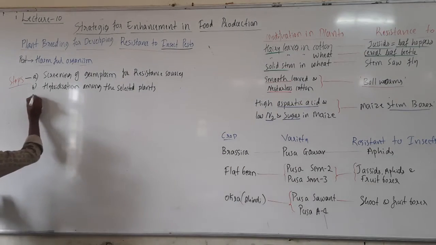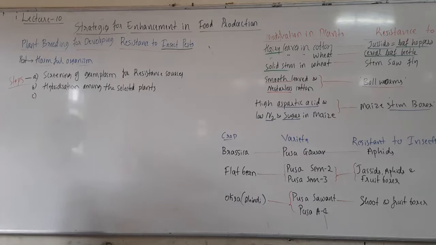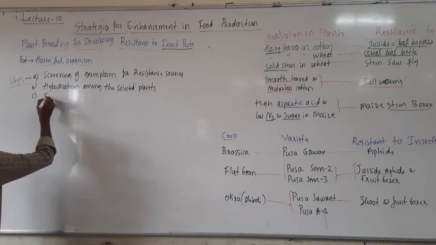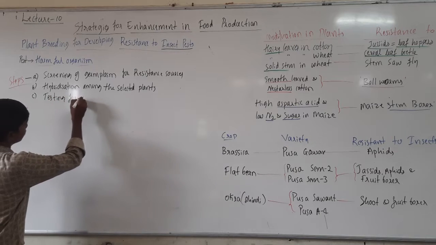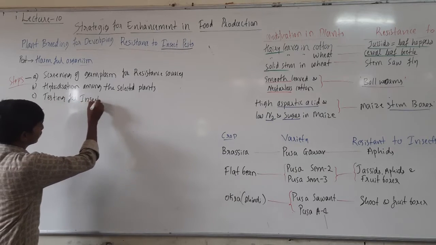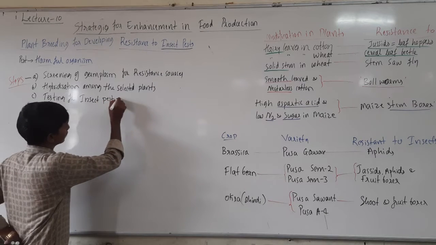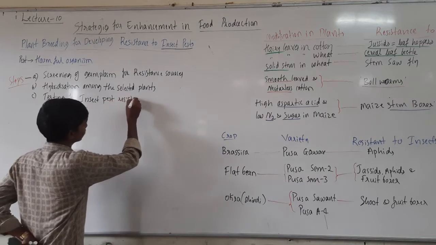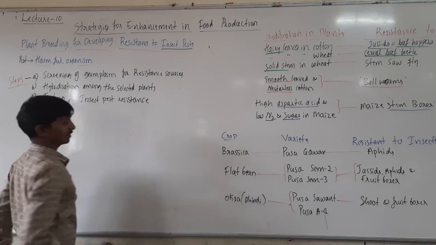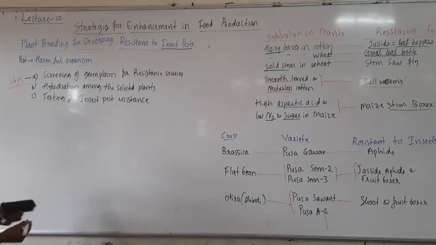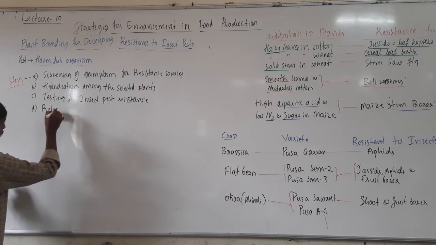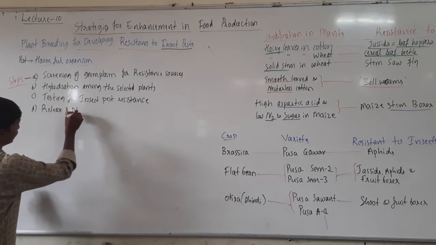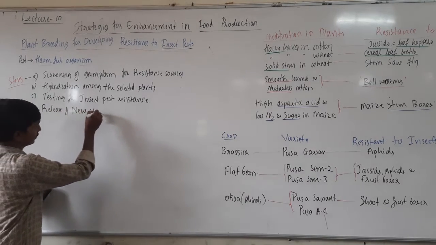Then after hybridization, you should go for testing for insect pest resistance. If it is tested good for the resistance, then you can go for the release of new varieties.